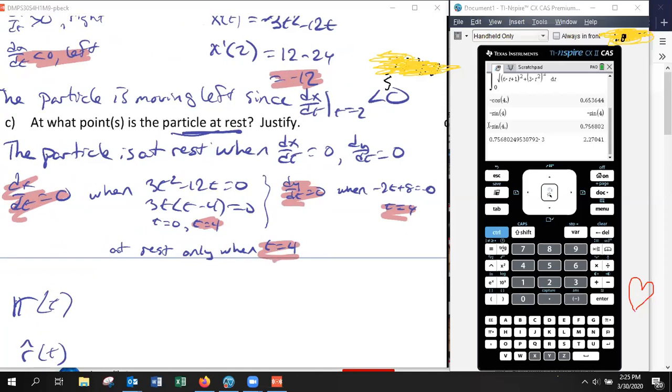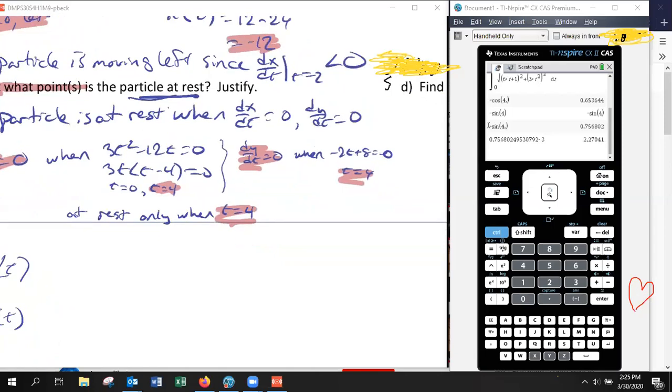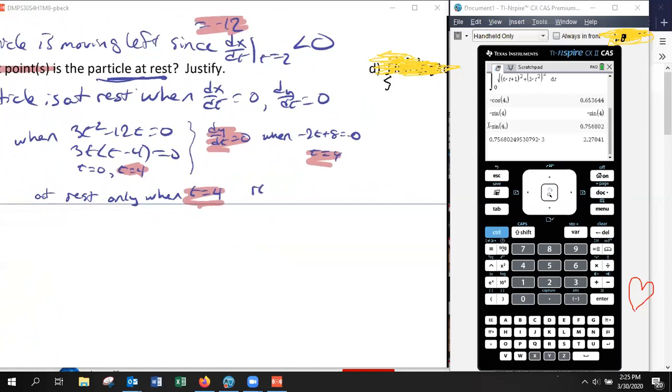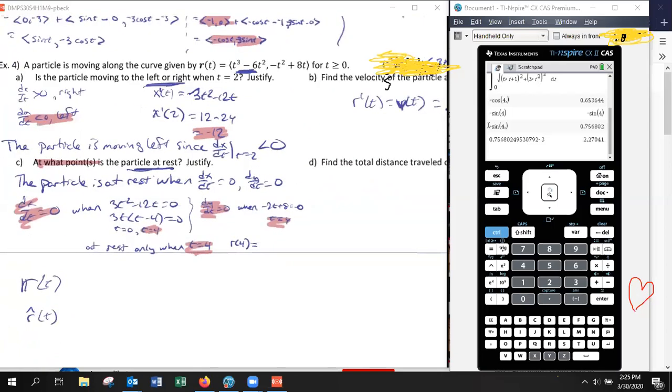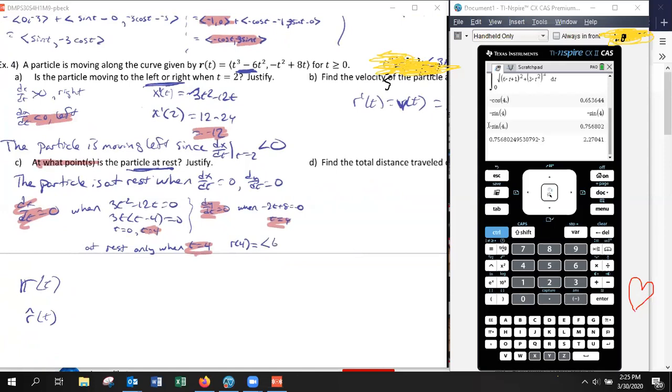Now that's the time. Let me go back to the question: at what point or points is the particle at rest? So what is R of 4? What is 4 cubed? 64. So 64 minus 6 times 16.